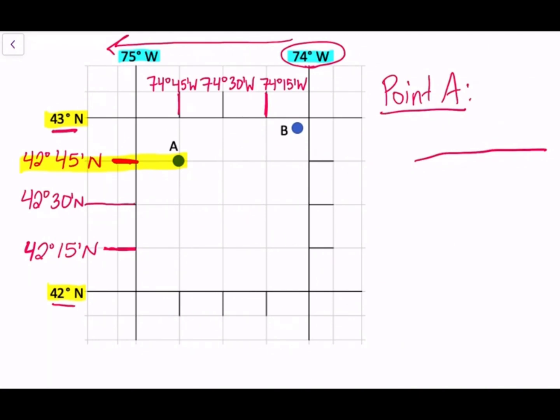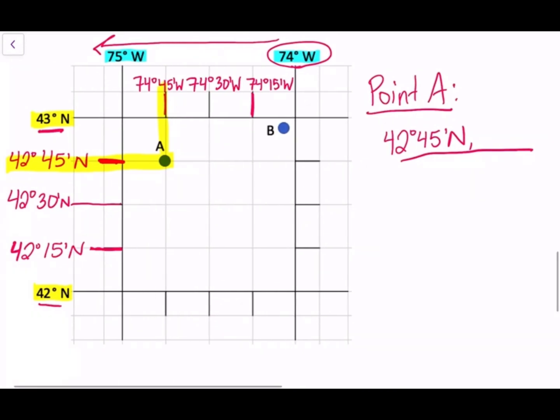Here, my latitude is 42 degrees, 45 minutes north. And my longitude goes up and down. I'm going to go up and trace up for my longitude. Here, my longitude for point A is 74 degrees and 45 minutes west.